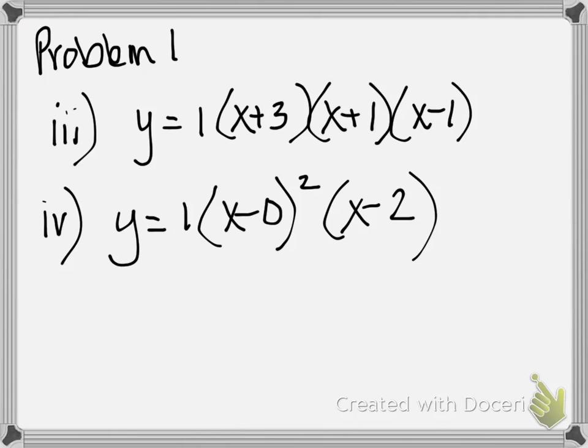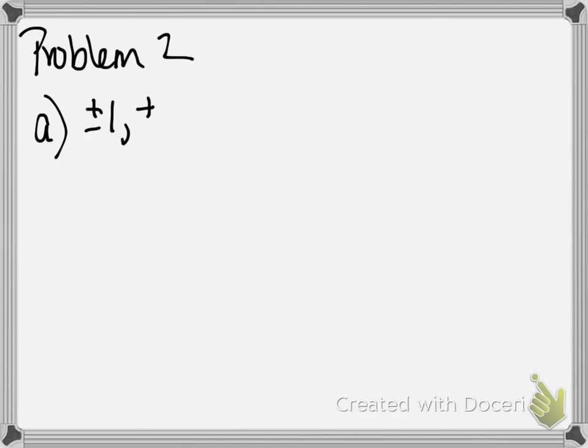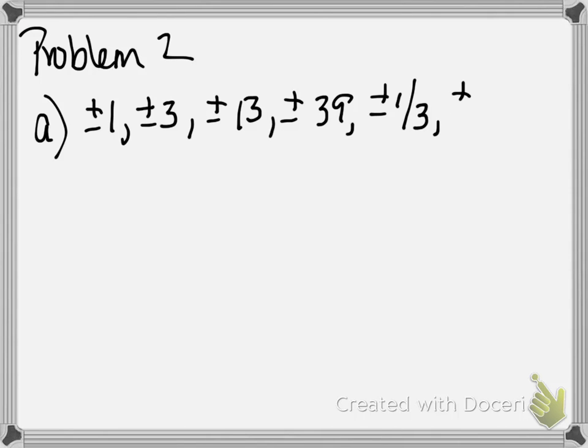I think with most of you in class, I've already done problem 2, the rational root theorem. But again, I'll just give you those. So for A, you should have plus or minus 1, plus or minus 3, plus or minus 13, plus or minus 39, plus or minus 1/3, and plus or minus 13/3.